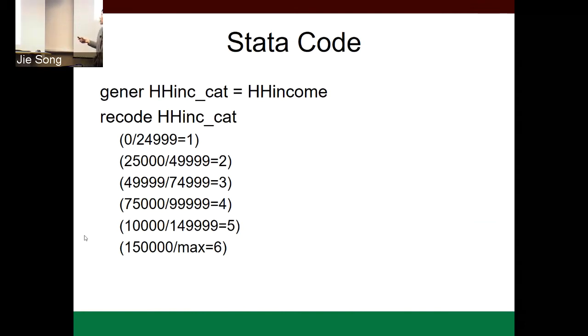The code to do this categorical conversion is like that. This is in SPSS. Basically, it generates a new variable and recodes this variable by assigning these values as 1, this value as 2, to different categories.